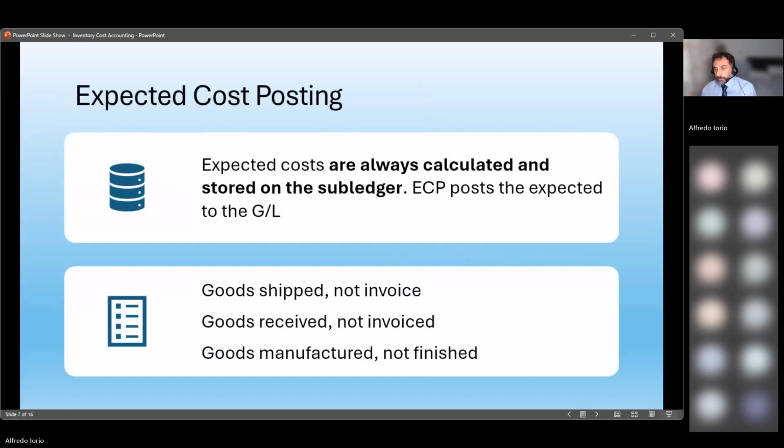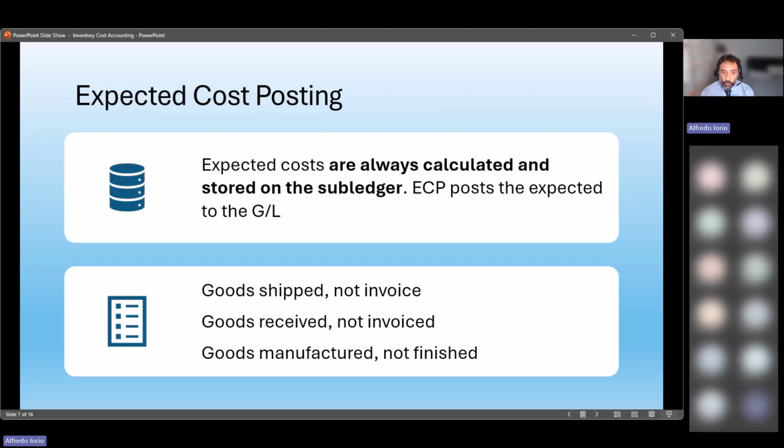Next one. As I told you a moment ago, one of the two cost types can be expected, another can be actual. So expected costs are always calculated and stored on the subledger in Business Central. This is also a common misconception.